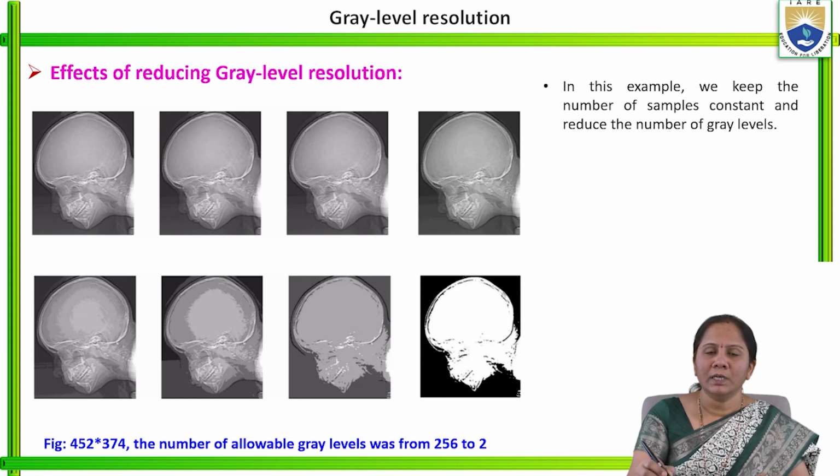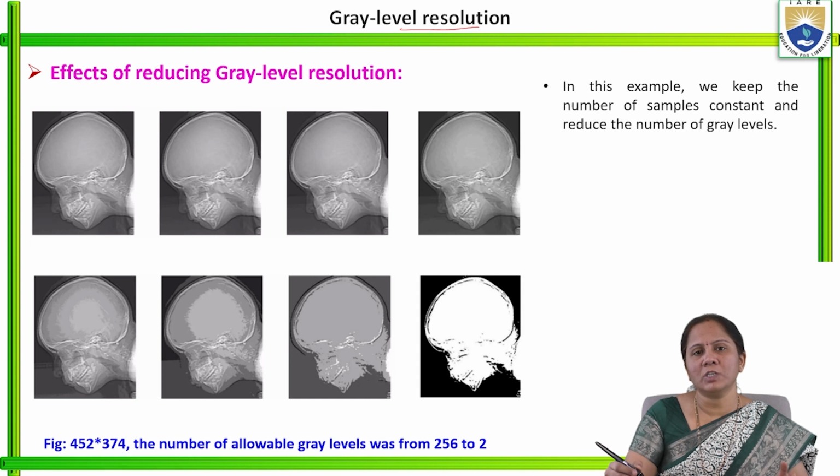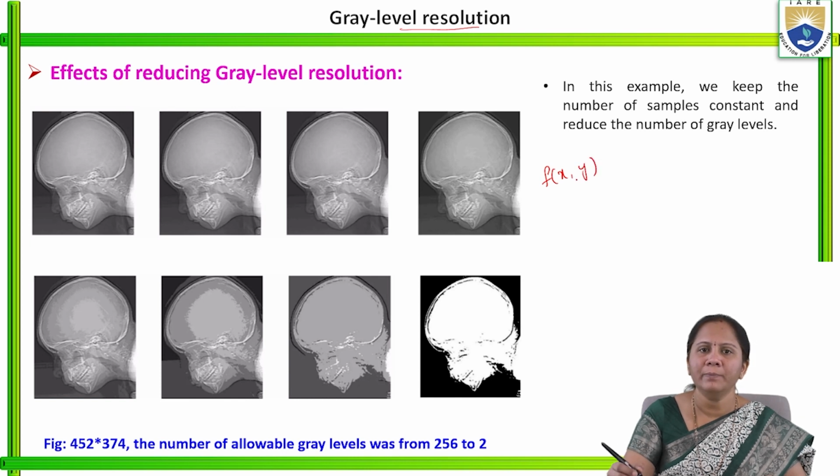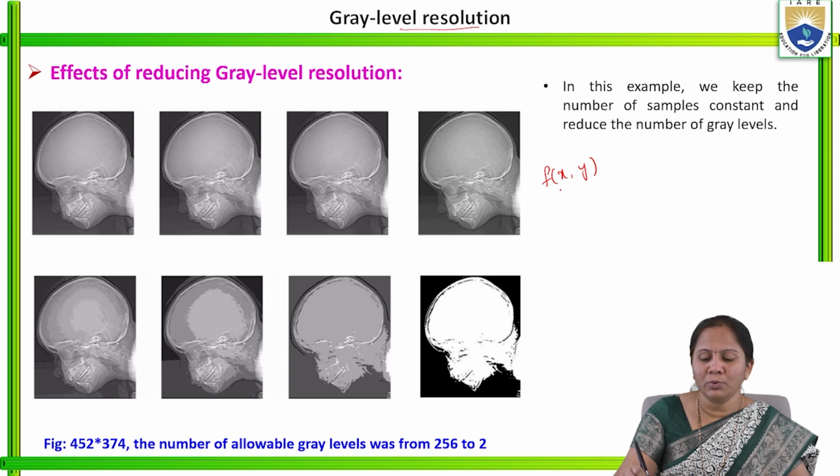Coming to the next resolution, gray level resolution. The main difference between spatial resolution and gray level resolution is this: an image is represented as f of x comma y. In spatial resolution, we vary the spatial coordinates x and y, keeping the gray level constant.